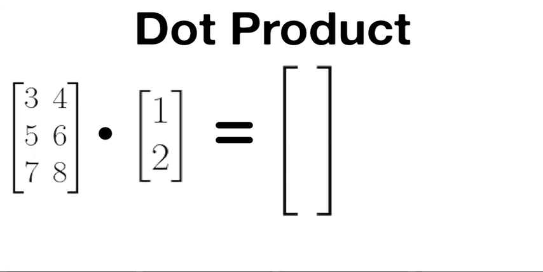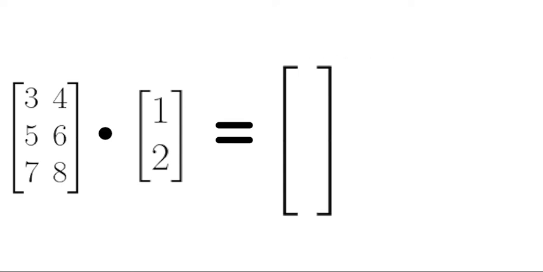We can use a concept called the dot product to find the product matrix, where you multiply matching numbers. To get an idea of what I mean, let's try this question. So we have a 3x2 weight matrix and a 2x1 input matrix. To start, we can use the dot product by multiplying the matching numbers for the first row of the first matrix by the first column of the second matrix.